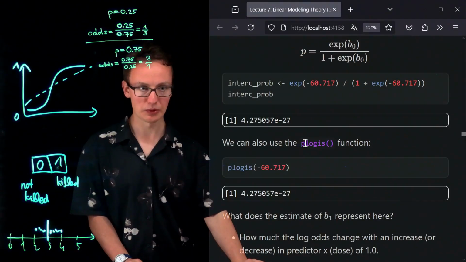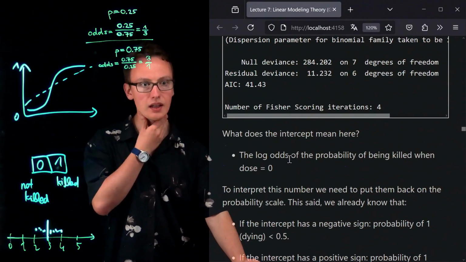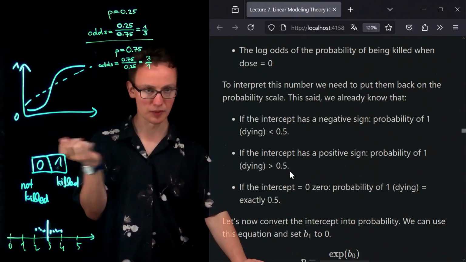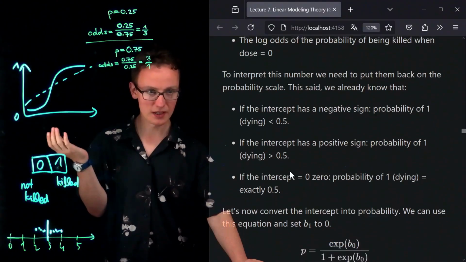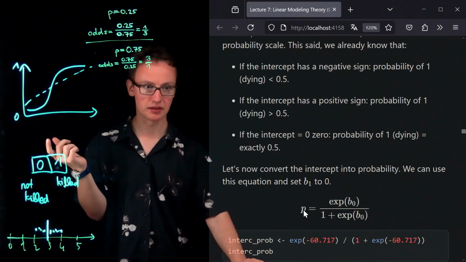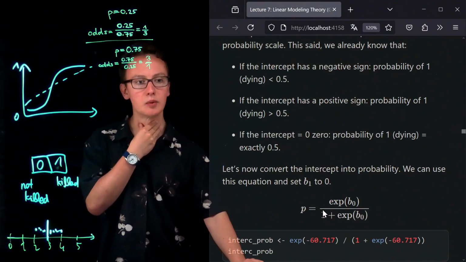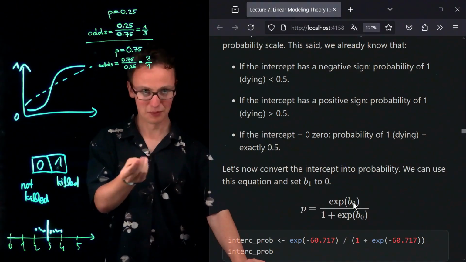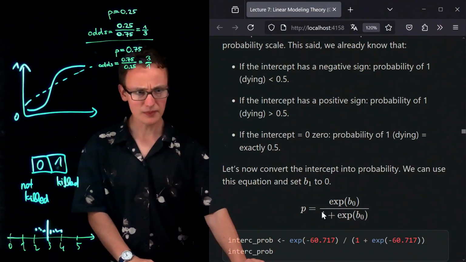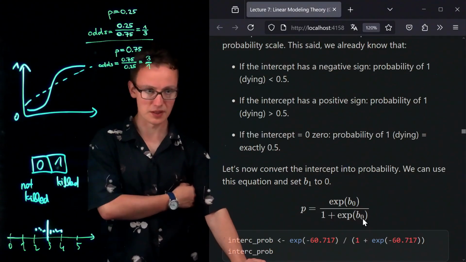The way to reconstruct the corresponding probability is to back transform this log odds value to probabilities, which we can do using this formula. The probability equals the exponential of b0, the estimate for beta 0, divided by 1 plus the exponential of b0 again.